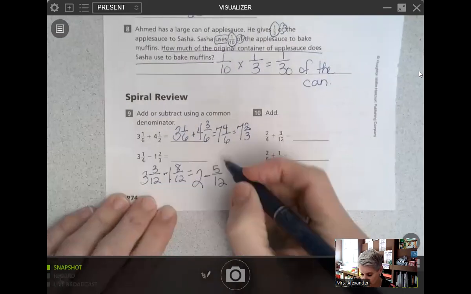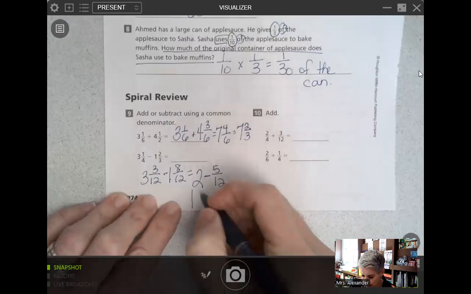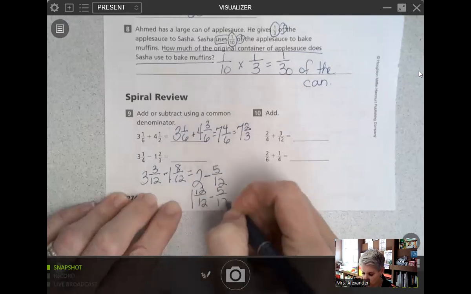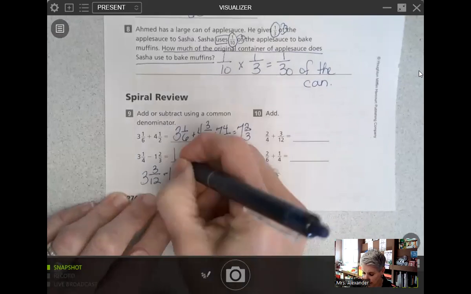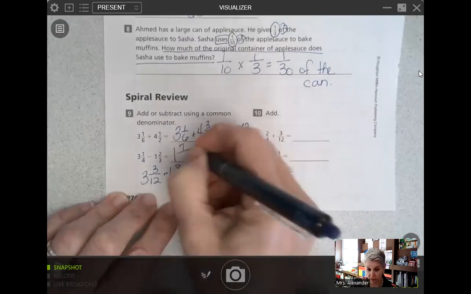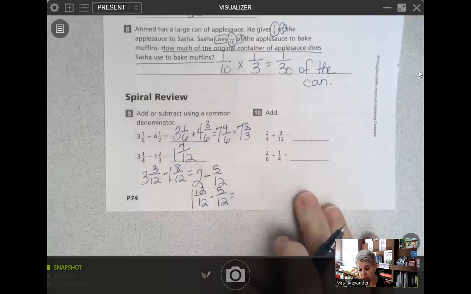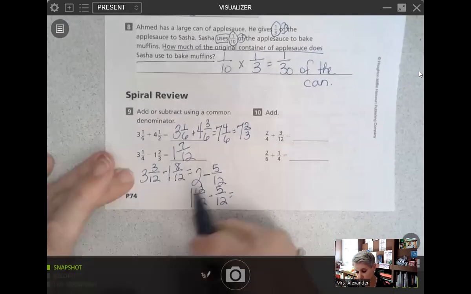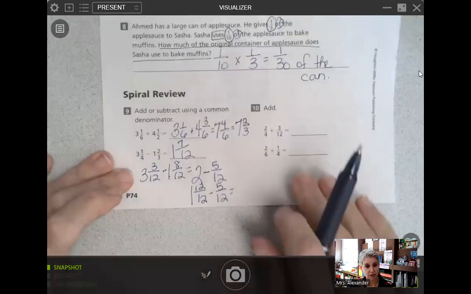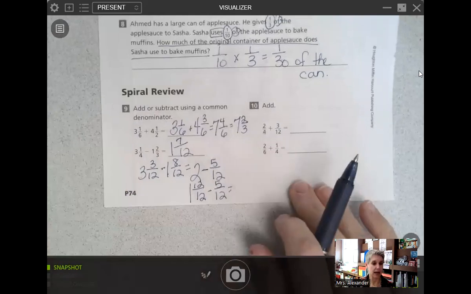And then I can rename my 2 as 1 12/12 minus 5/12 would equal 1 7/12. So you could have used the Columbia C on this one. You could have renamed your lead fraction first, and you will still get the same answer of 1 7/12.